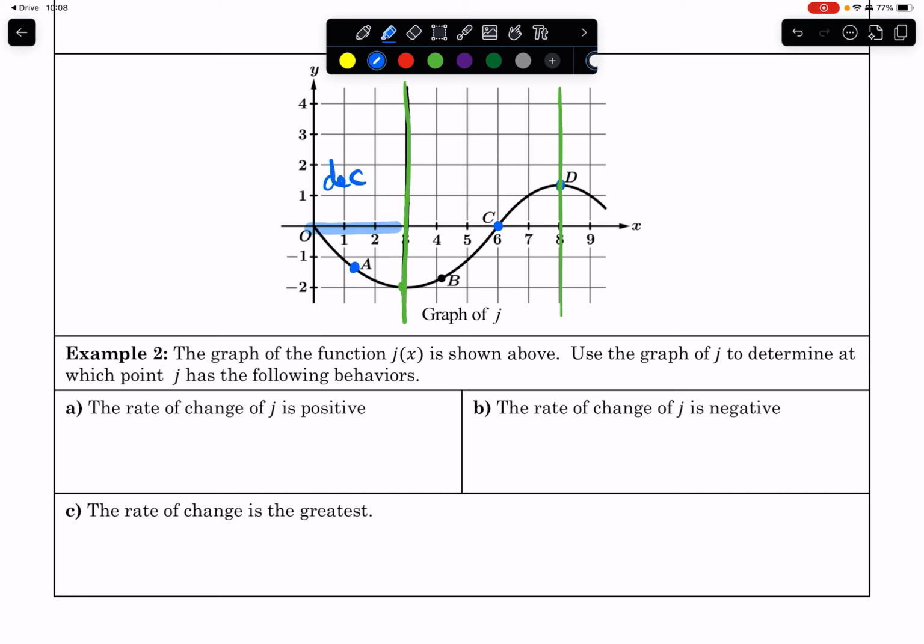In this section in red, I see that the graph is increasing. And in this section, I'm going to highlight in purple, I see that the graph is decreasing.